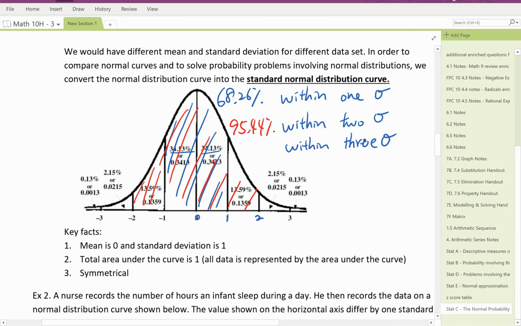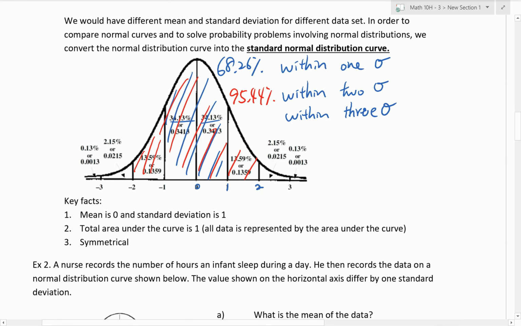And if we add the third standard deviation, so within 3 standard deviations, it's pretty close to everything. We need to add another 4.3%, and if we add another 4.3, we get 99.74%.